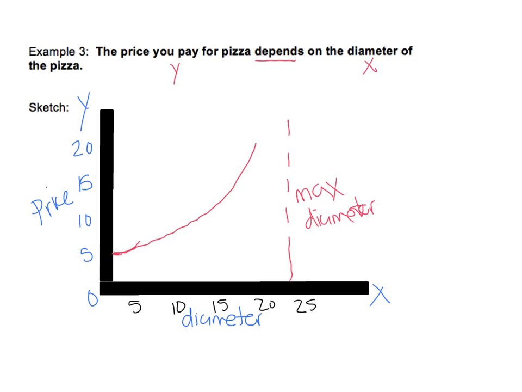All right. So they do have a particular size that they will make their pizza, the biggest size that they possibly have, and they won't be able to go past that point. So we will have to keep that in mind here. But this is pretty much what our graph will look like. So the bigger our pizza, the more we would have to pay for it.